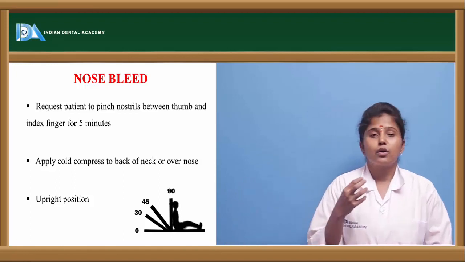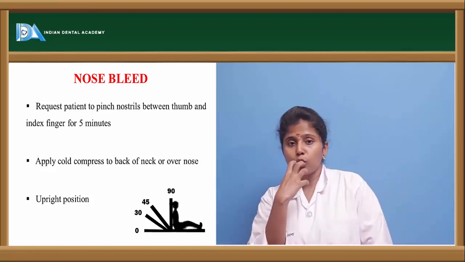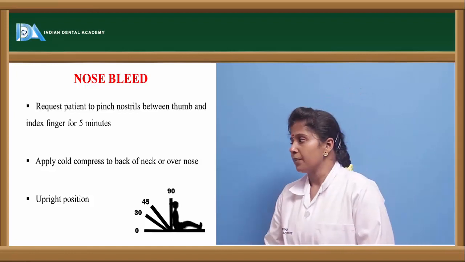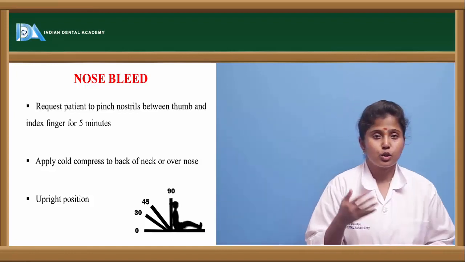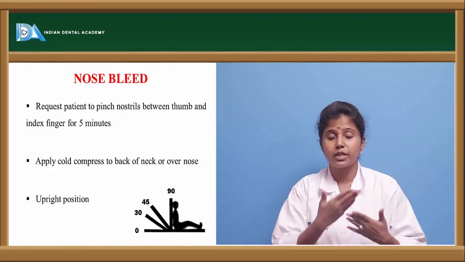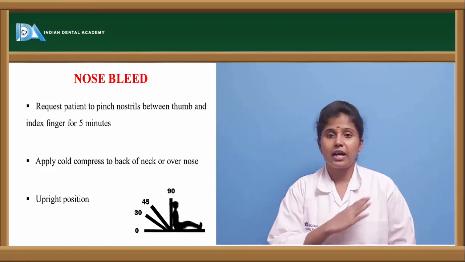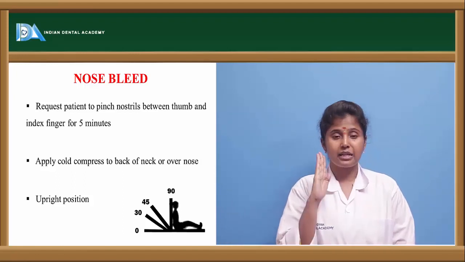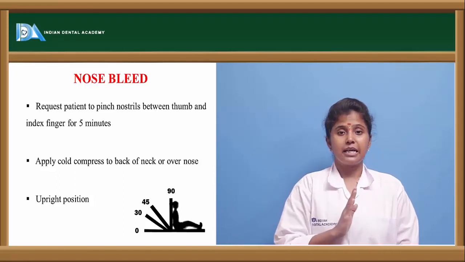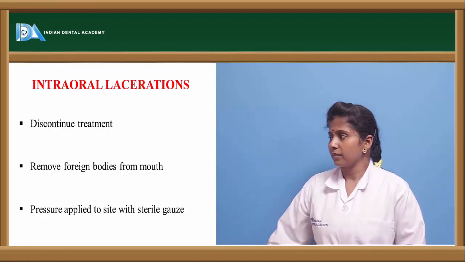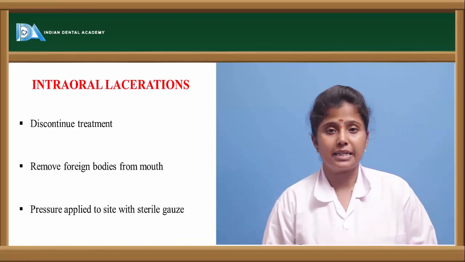If not, we need to put some cold ice or cold substance and apply some cold pressure around his neck and around the nose in order to stop bleeding, and we have to put the patient in a 90 degrees angle. If a person is bleeding, then the person should be sitting at a 90 degrees angle in order to prevent the blood flow.